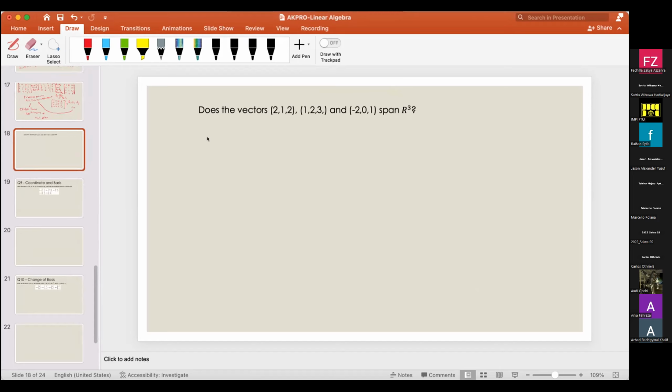First of all, we have to write this as a linear equation.